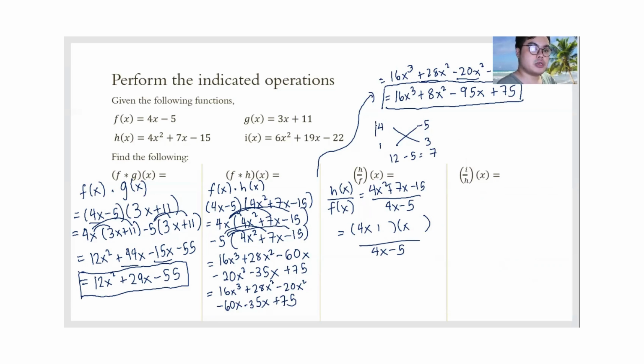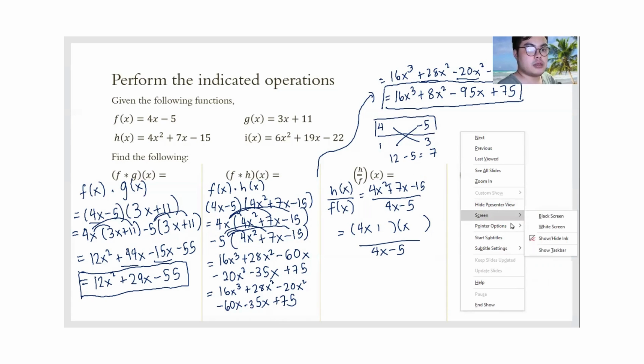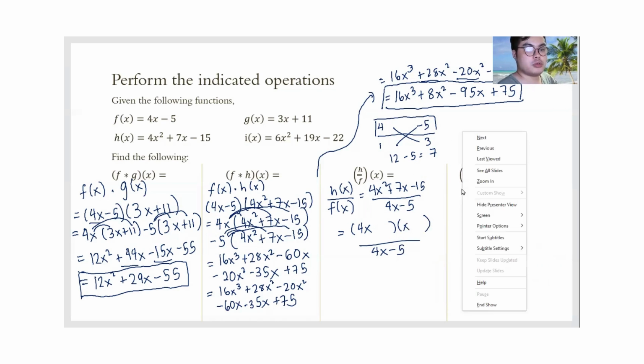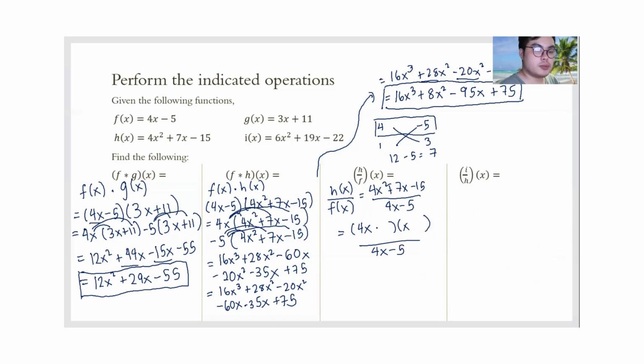This is what we will base on in making the binomial factors of the trinomial itself. When we say binomial, it has two terms. So this will be 4x minus 5, and here this will be x plus 3. Since they have the common factor, we're going to cancel it out, and our final answer is x plus 3. Keep in mind that we need to factorize this so we can cancel the common factor.